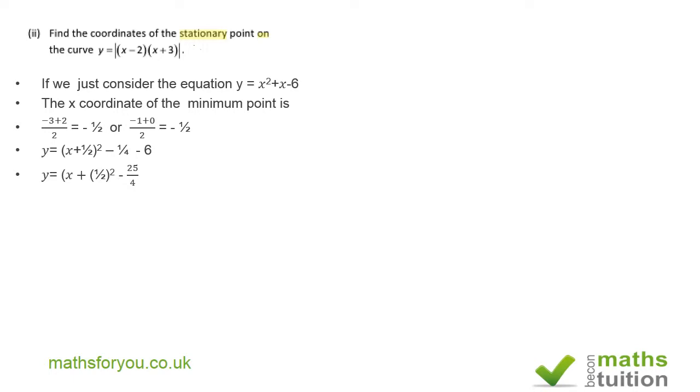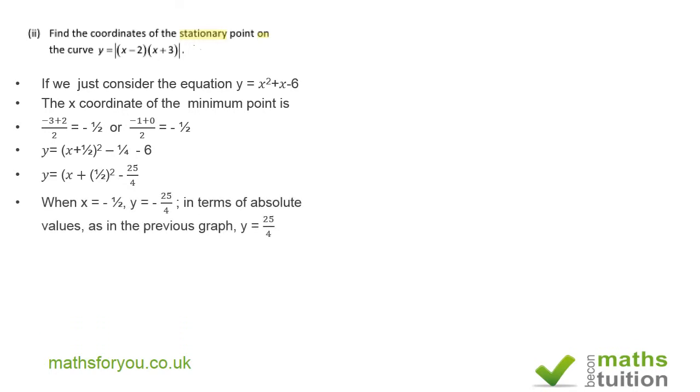Because we're dealing in absolute value terms, the stationary point is going to be (minus 1/2, 25/4), and that's what we got there.